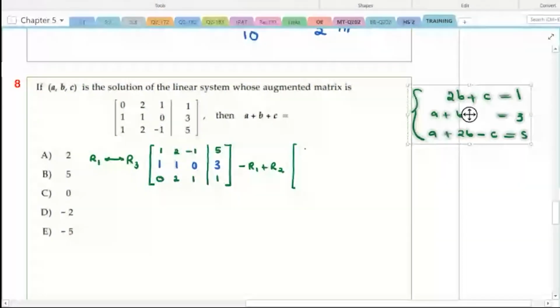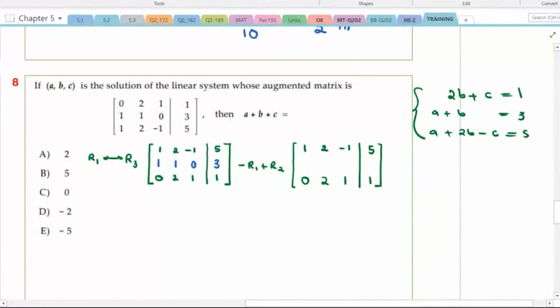So here, row number 1 is not changing. We have 1, 2, minus 1, and we have 5. Row number 3 also not changing: 0, 2, 1, and 1. Now, we are changing row number 2. Multiply row number 1 by minus 1 and add it to row number 2.